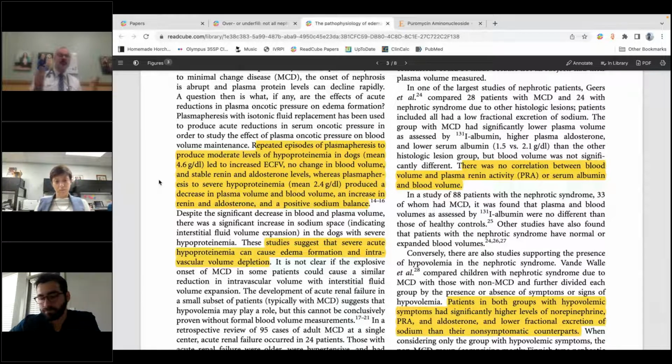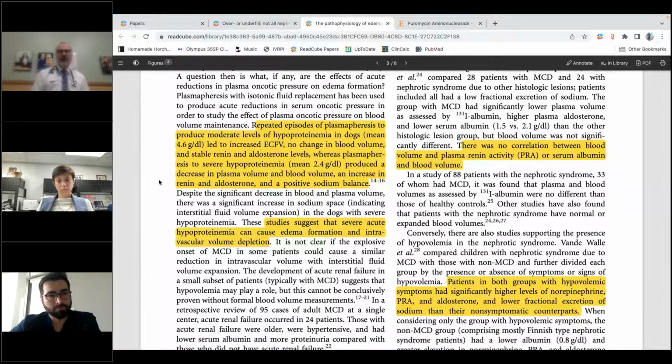So this is saying acute hypoproteinemia, and this would probably be pretty quick, within several hours I would imagine, can cause edema formation and intravascular volume depletion. But I think a good question is, do we see naturally occurring disease have such a rapid decrease in their albumin concentration? Probably not.